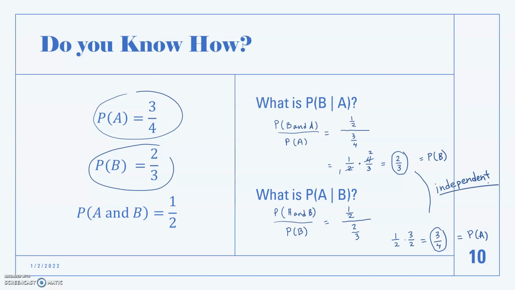So this event is independent because it doesn't matter whether A happened first, the probability of B is going to be 2/3. It doesn't matter whether B happened first, the probability of A would be 3/4.